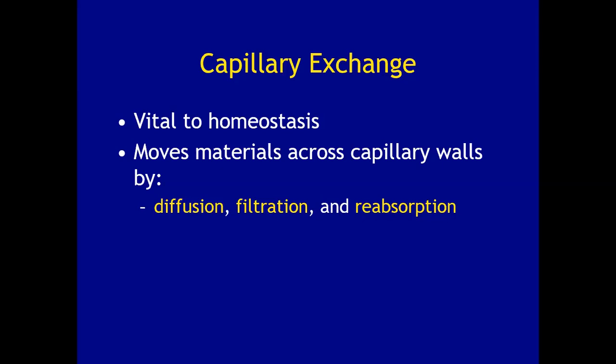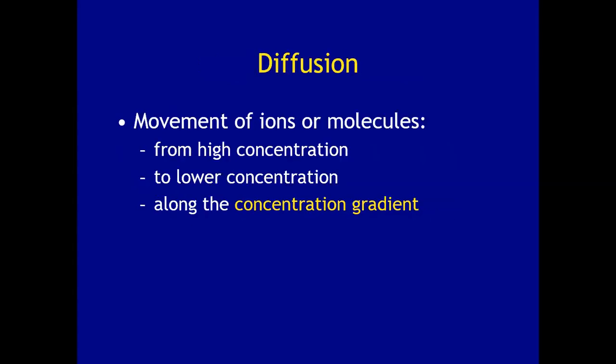With filtration, there is a filter, okay? There is this porous membrane that things have to be pushed through, okay? If you're too big, the filter stops you, right? And then reabsorption. Reabsorption says we're going to go the opposite direction of filtration, okay? So let's take a look at this.